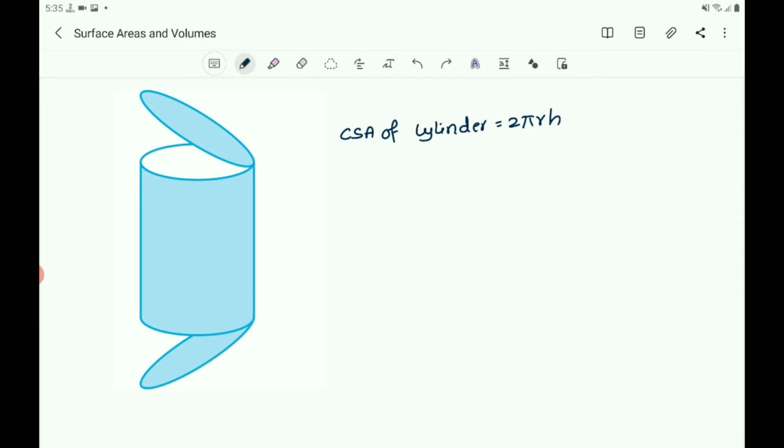Here the area of this base equals pi r square, this is also pi r square, and the CSA is 2 pi r h. The sum of all this becomes the total surface area.